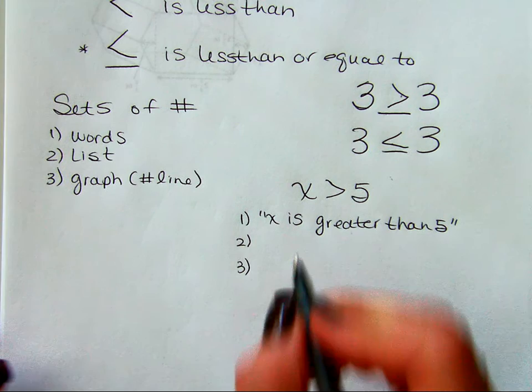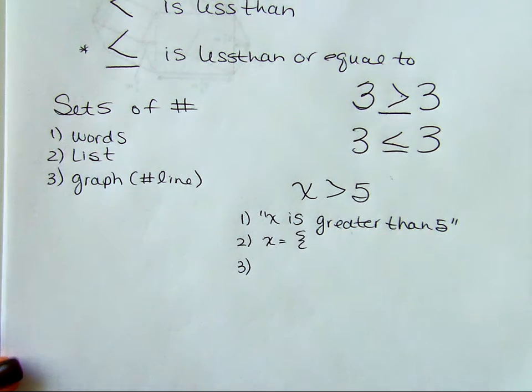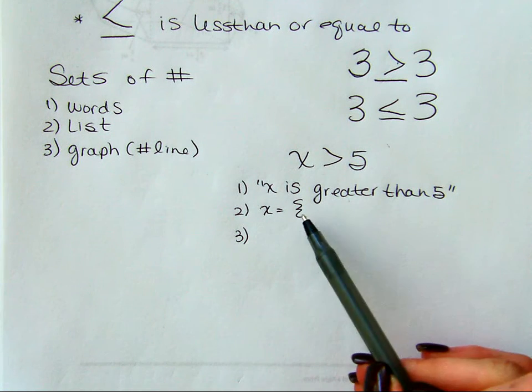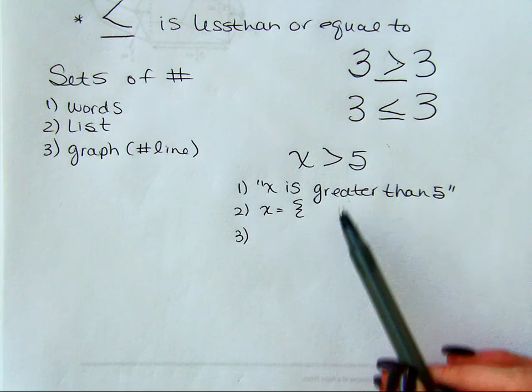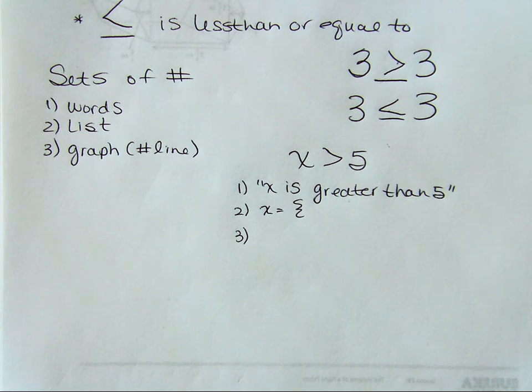So then the second one is a list, which means now, and we use a little bracket or a brace rather when we talk about sets of numbers. So this set of numbers that satisfies this inequality starts at what number? Yeah, 6, okay? It does start at 6.